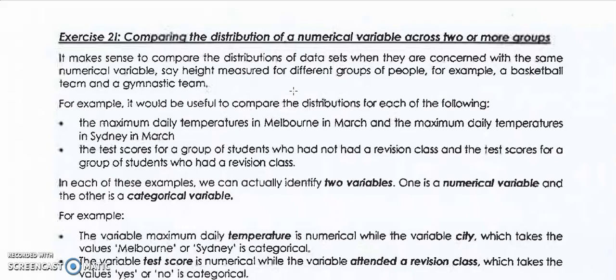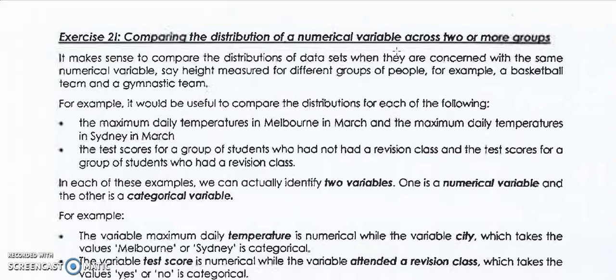So this exercise 2I, comparing the distribution of a numerical variable across two or more groups. 2I and 2J will help you with the next SAC for this data topic. With this in mind, a lot of this is investigating and comparing and making judgments based on what data has been presented to you.